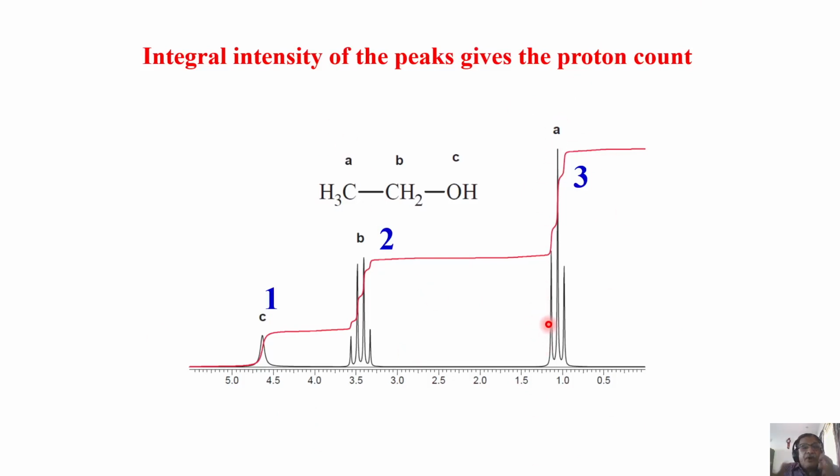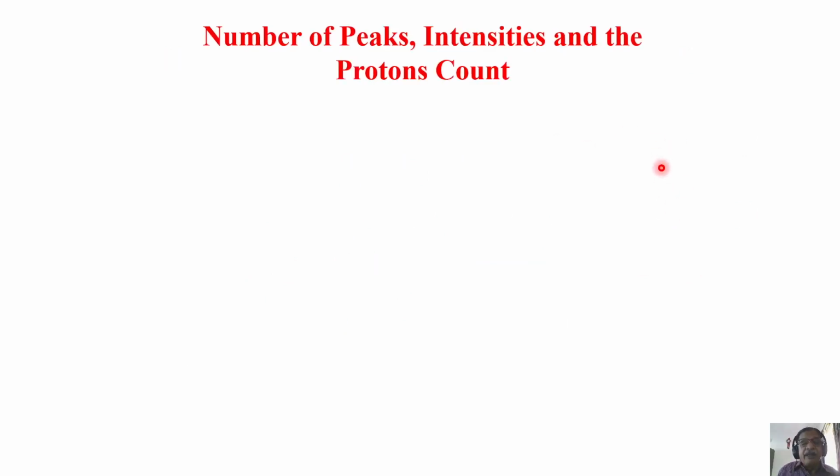You will not be able to say how many protons are there in this group. So there must be a relative comparison. You must find another peak for which you are sure of the number of protons present in that group. Relative to that, you will measure the areas of other peaks and the number of protons present in that group. Are you understanding my point?